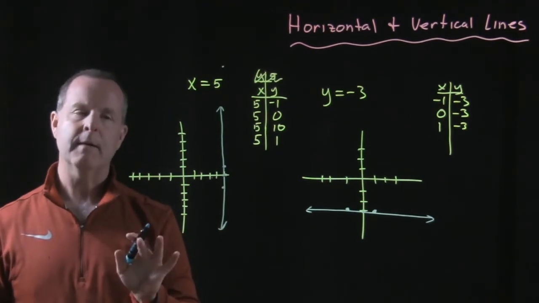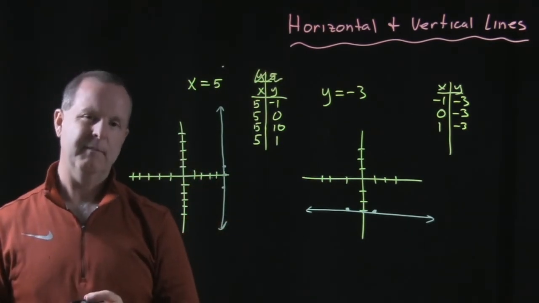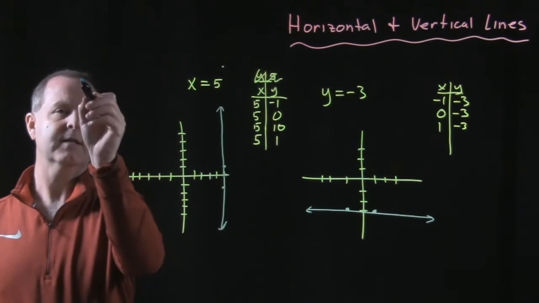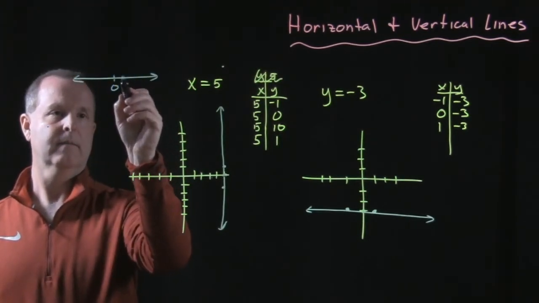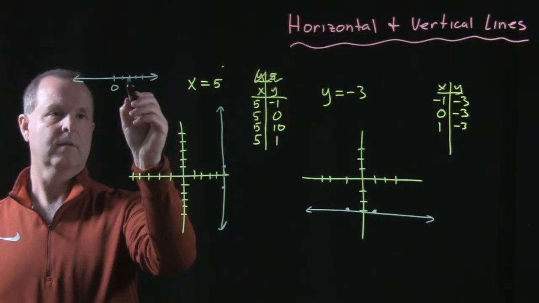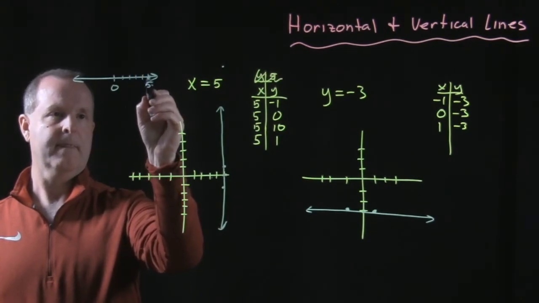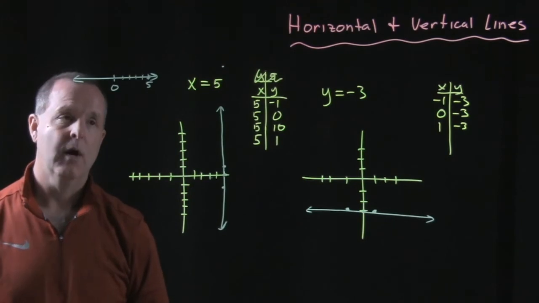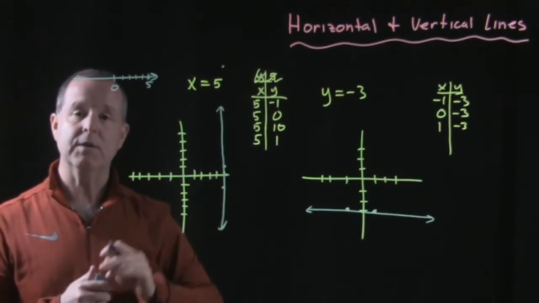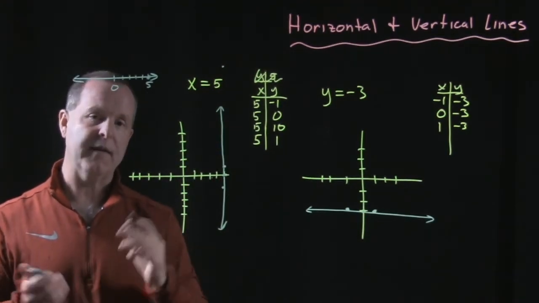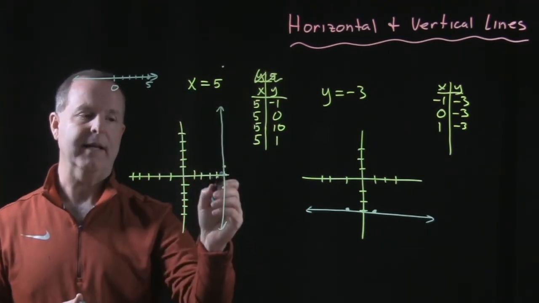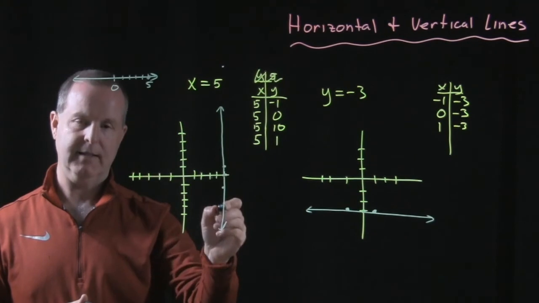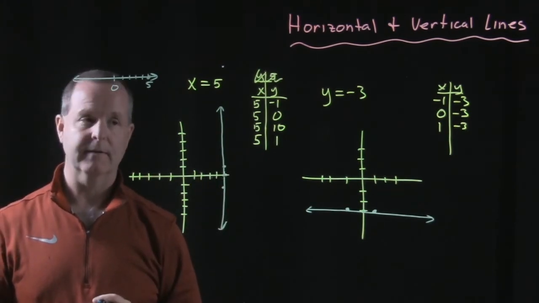Now, when you see something like x equals 5, before we thought that might be just a point on a number line. Well, as we're looking at graphs in 2 dimensions, equations with x and y's, we're getting an equation that's not just a point, but represents all the points a distance over 5.